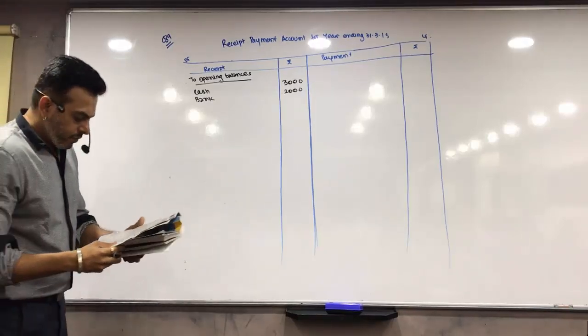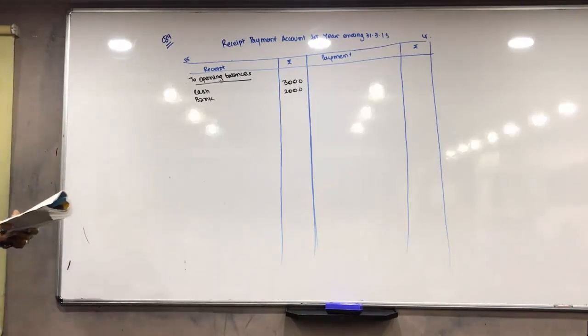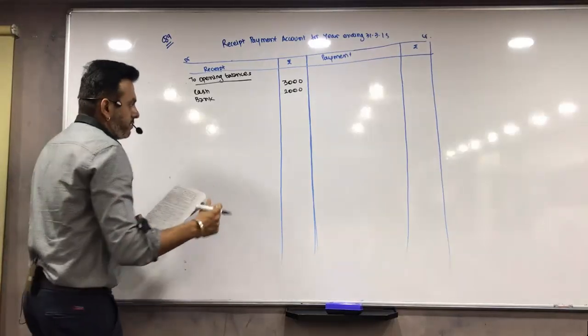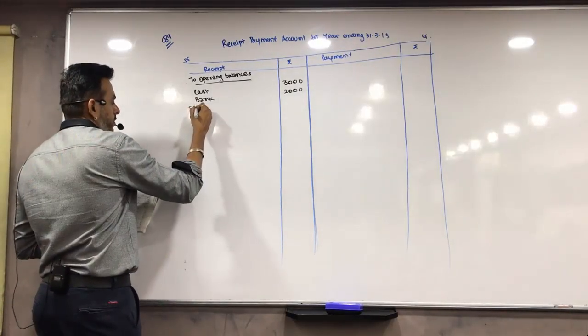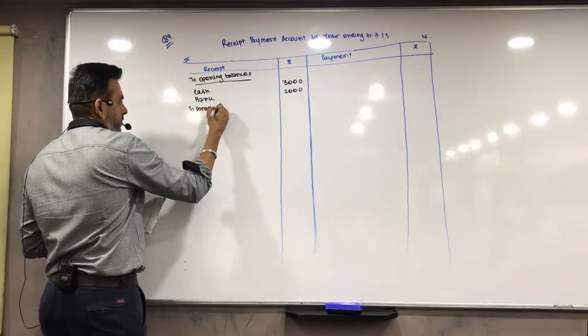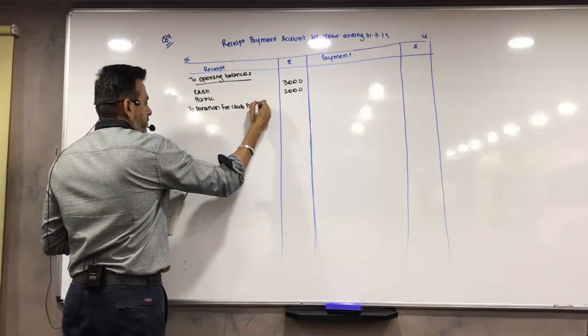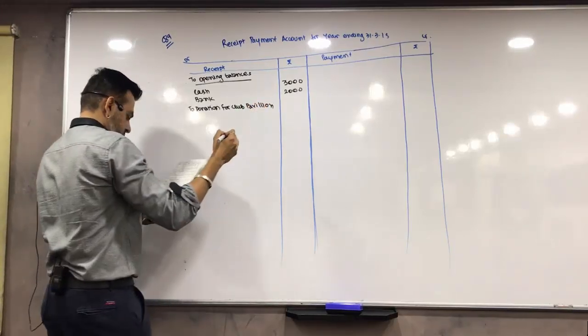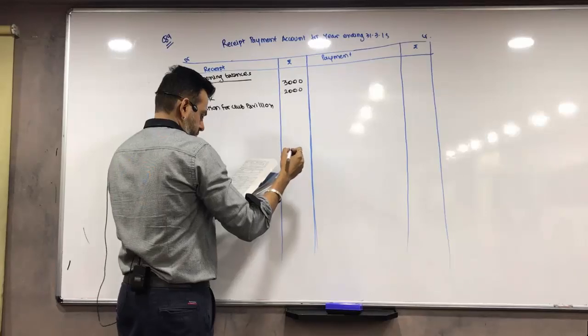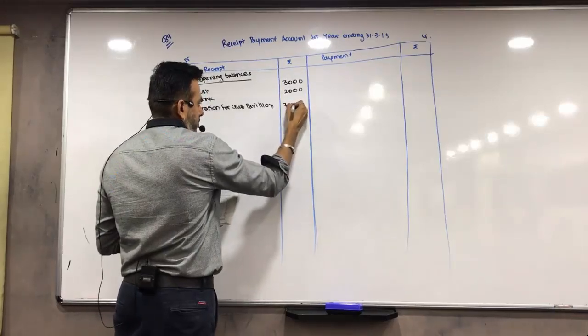Then let's start the sum. Donation for Club Pavilion 70,000, to donation for Club Pavilion, $70,000.